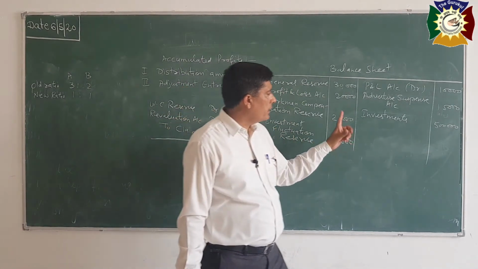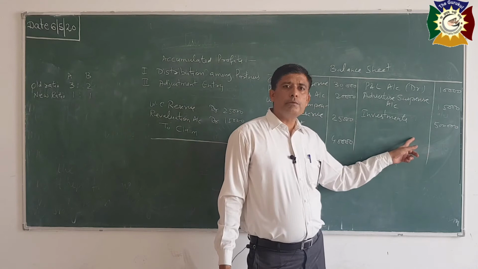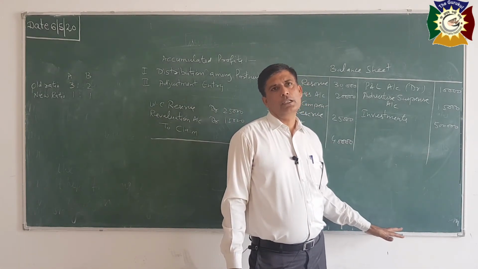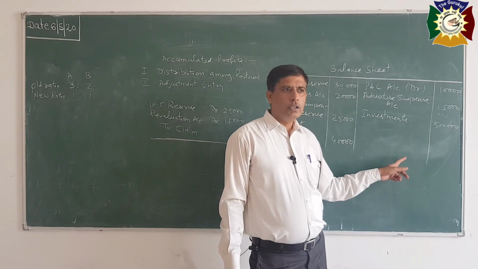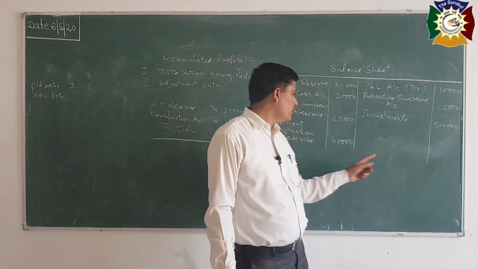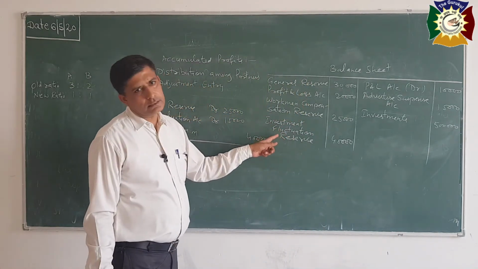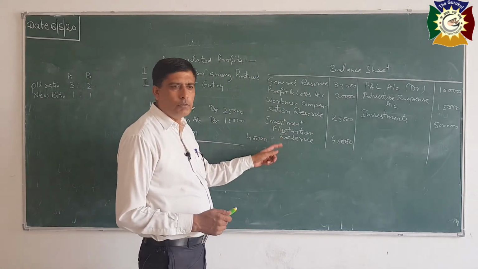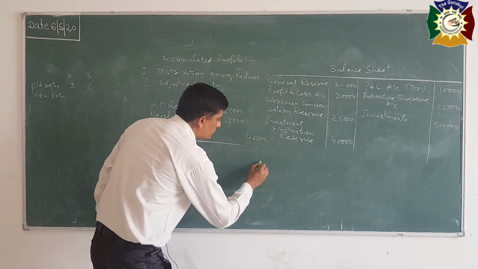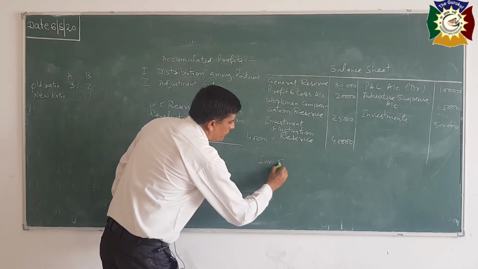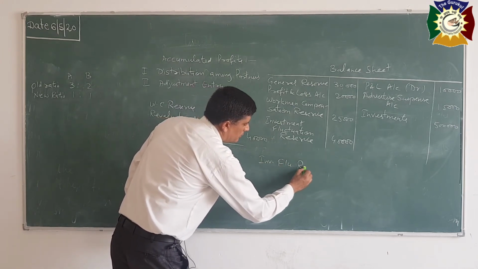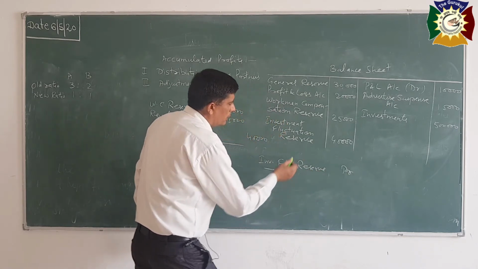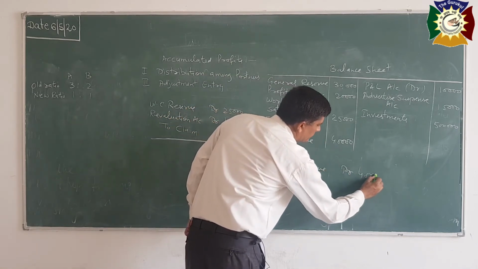On the other hand, if the market value of investment is less than 5 lakh, for example, it is 4,90,000, so the 10,000 loss on sale of investment will be adjusted through this reserve. In such a case, the entry for distribution will be: investment fluctuation reserve debit, this amount is 40,000.